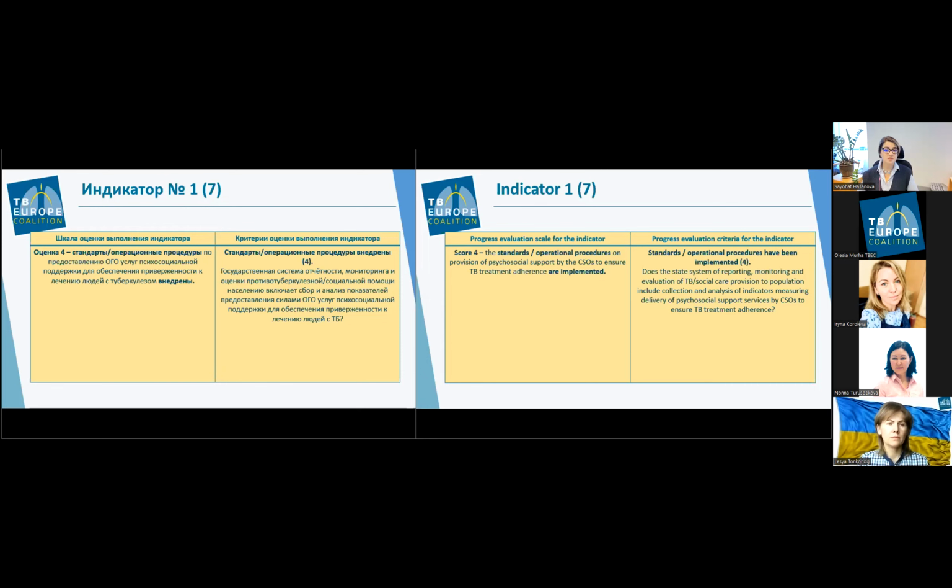And these indicators will show us the progress achieved in the countries, the progress in the implementation of this or that indicator. And for you, it will be also helpful to look at these indicators not as the data which you report to WHO. These data are important not only for WHO, but for the countries, for you.